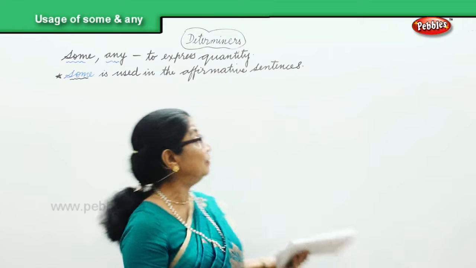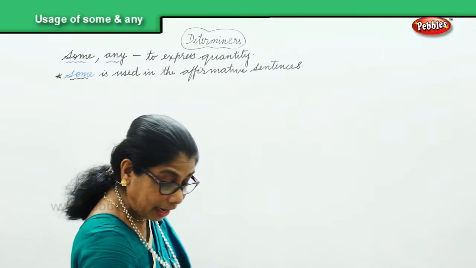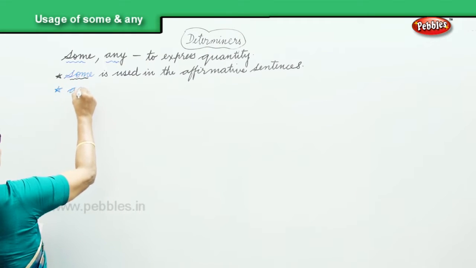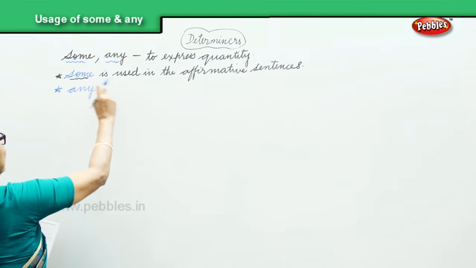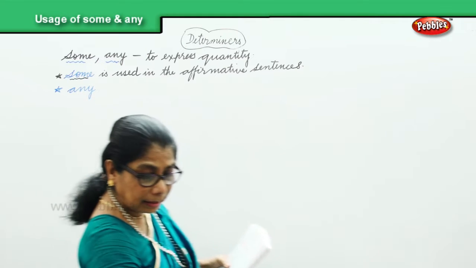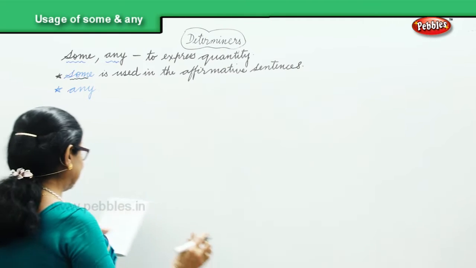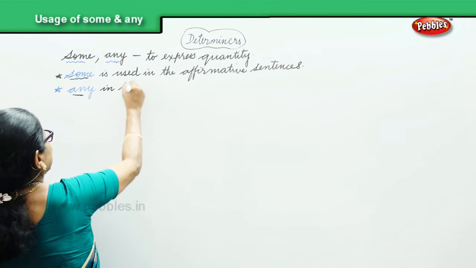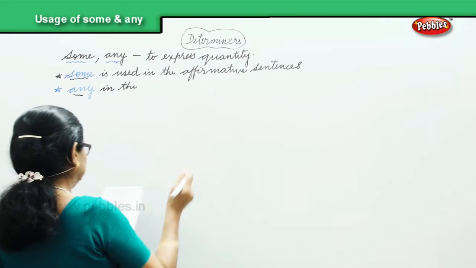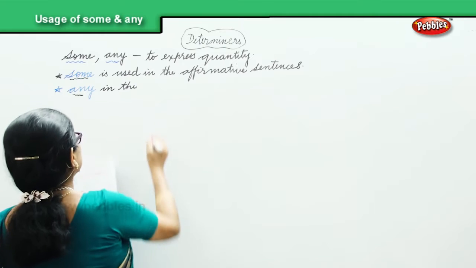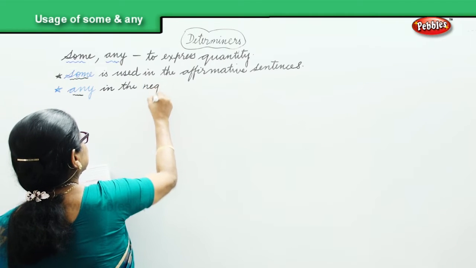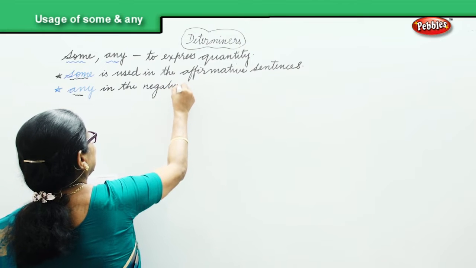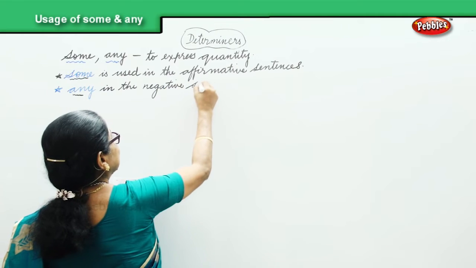Any is used in the negative sentence. Then we have the word any, in the negative sentences.